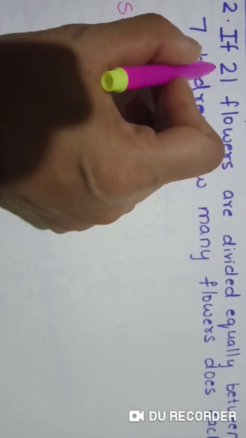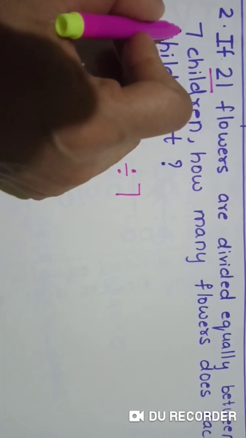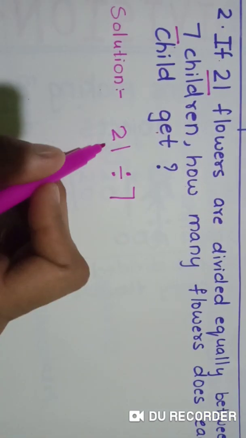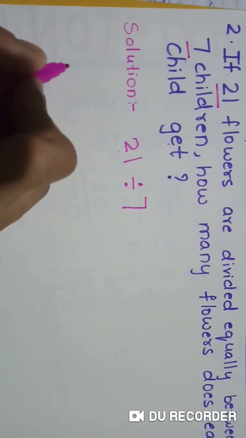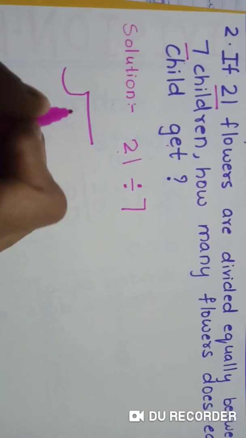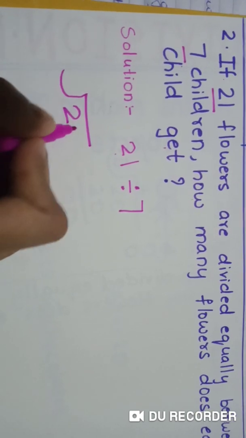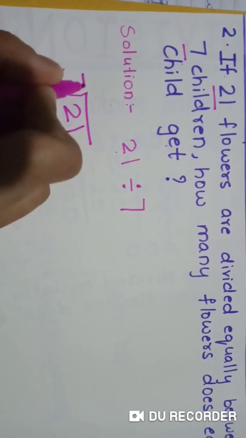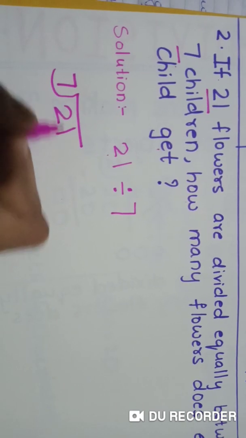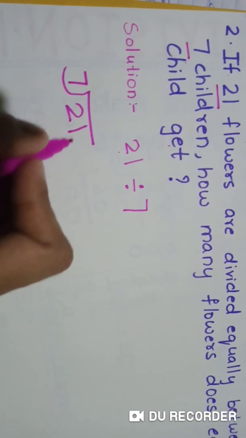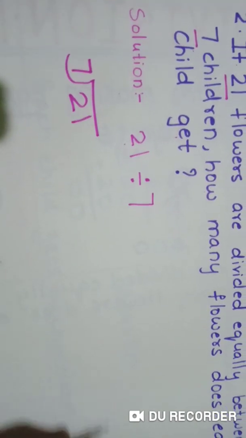Total how many flowers are there? 21. And how many children are there? 7. Therefore, 21 divided by 7. How do we divide? What is the table of 7?